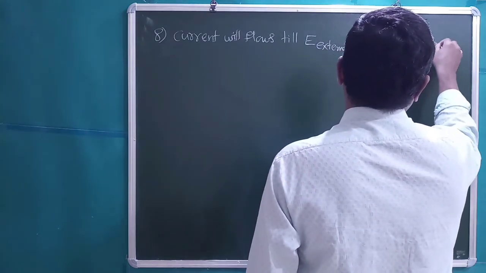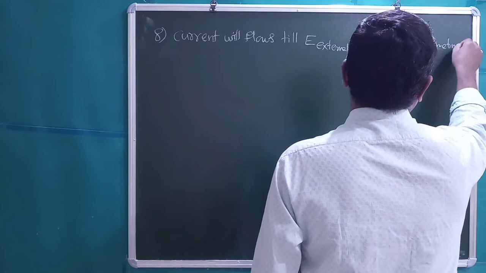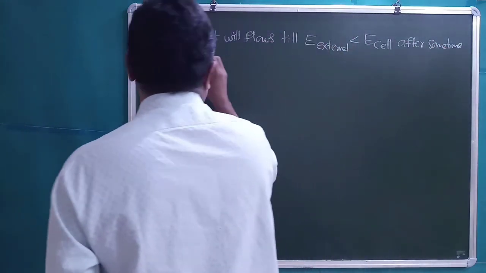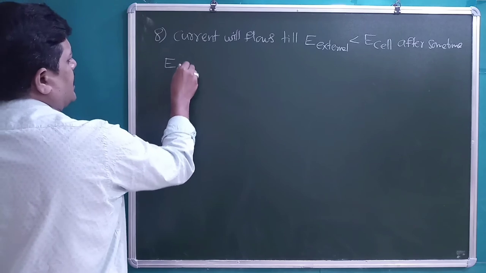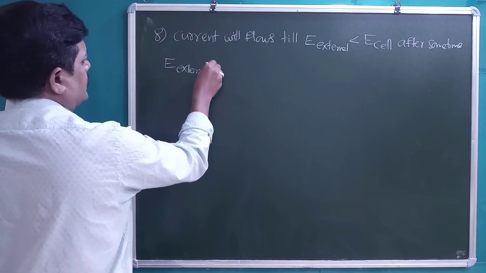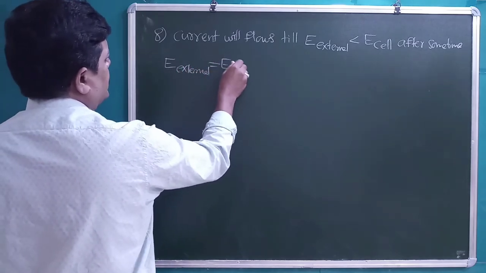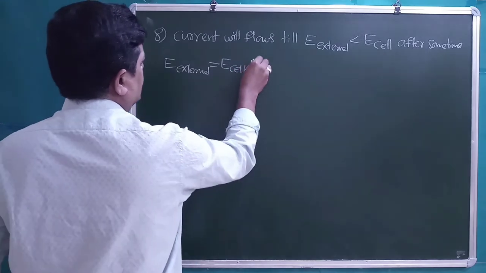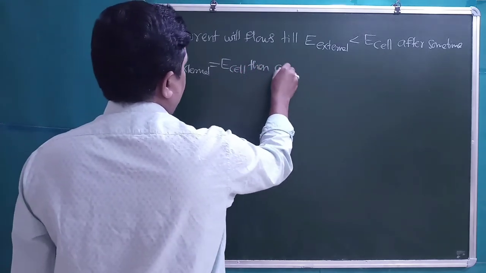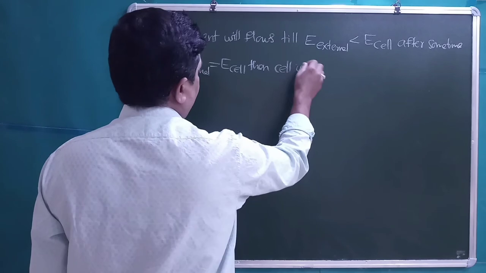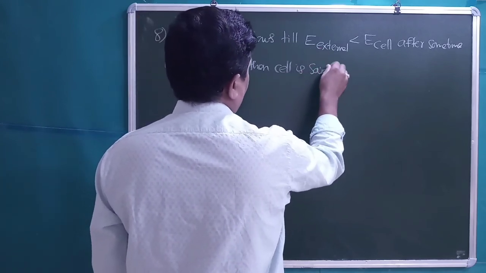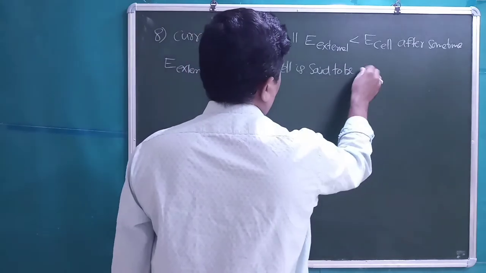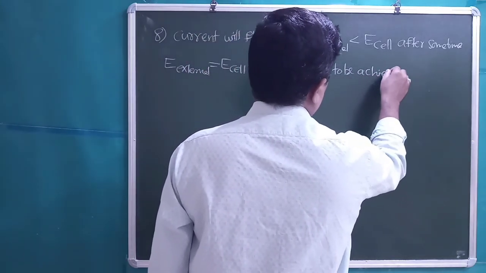After some time, E external becomes equal to E cell, then the cell is said to have achieved equilibrium.